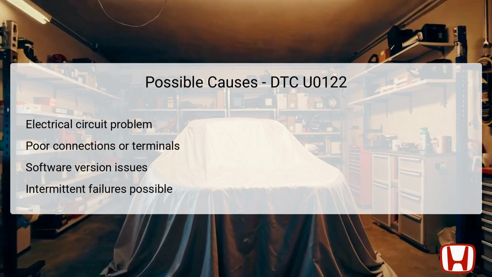The primary cause of DTC U0122 is an electrical circuit problem associated with the communication lines between the PCM and the VSA Modulator Control Unit. This could manifest as poor connections or loose terminals that disrupt the signal transmission, leading to a lack of communication.